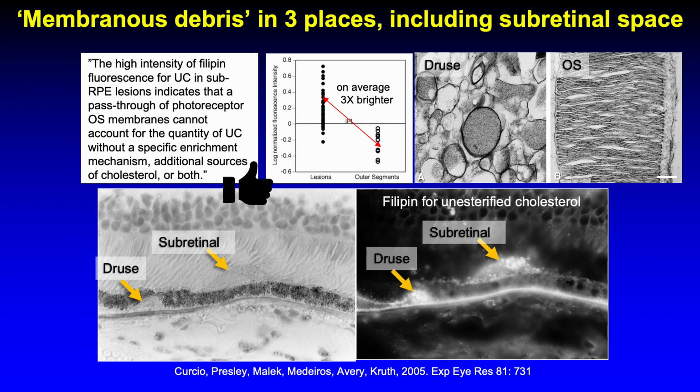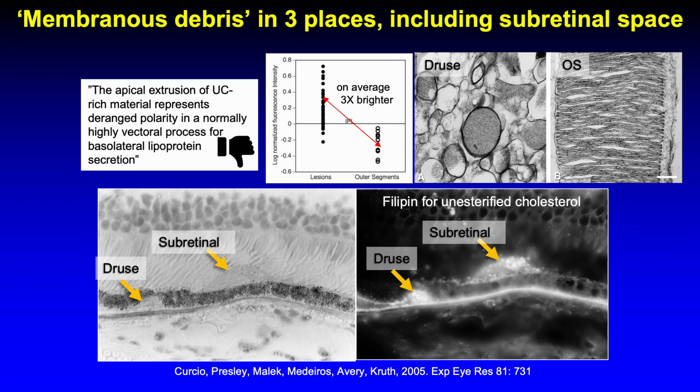But one thing we got wrong in that early paper was the idea that apical extrusion of unesterified cholesterol-rich material represents deranged polarity of a normally vectorial process for basolateral lipoprotein secretion. Separating SDD from drusen was still in the future.